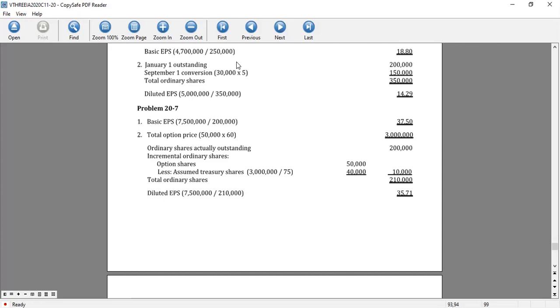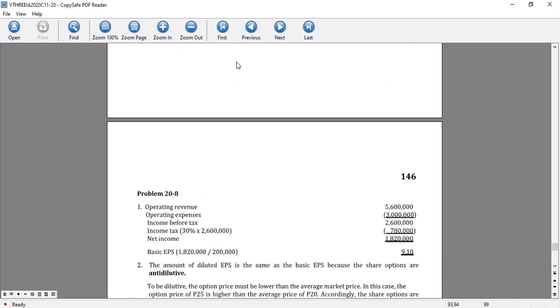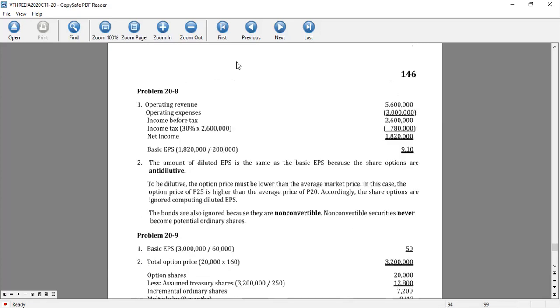So we get the amount for dilution of diluted earnings per share of 7.5 million divided by 210,000. So this time, the diluted earnings per share is 35.71. Then we go to 20-8, compute for basic earnings per share and diluted earnings per share.